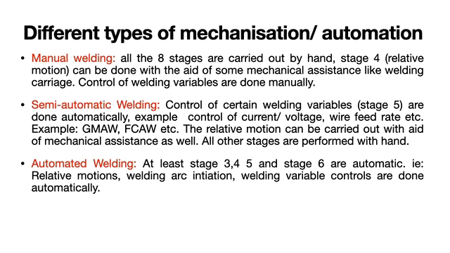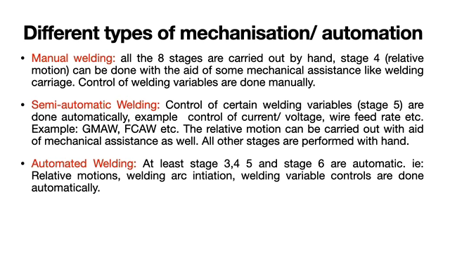Not all welding variables are controlled automatically, but certain welding variables can be. In that type of process, we call it a semi-automatic welding process. Even in this case, similar to manual welding, the relative motion can be done with the aid of mechanization.